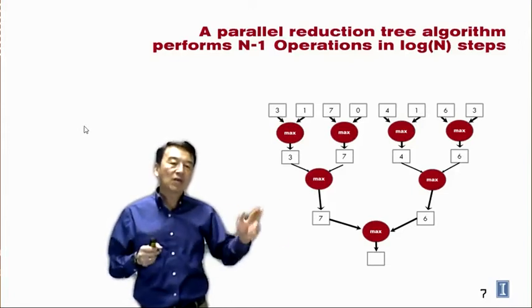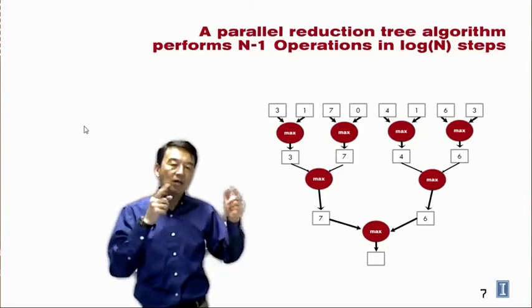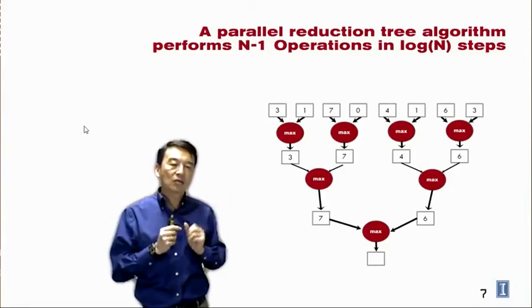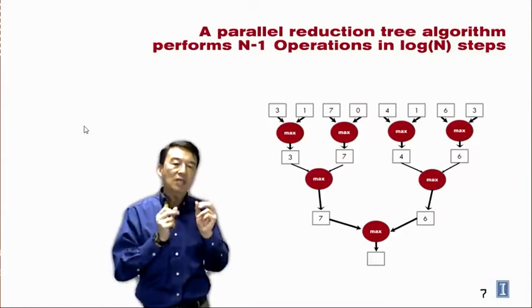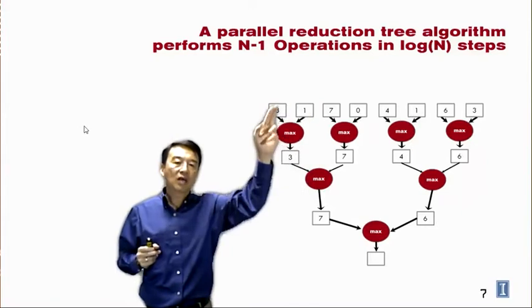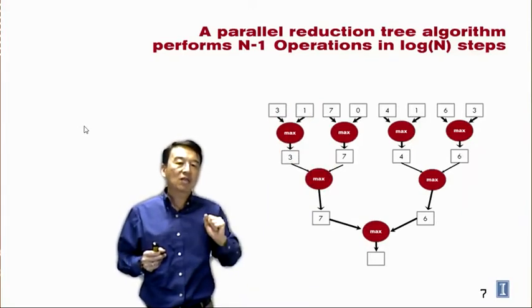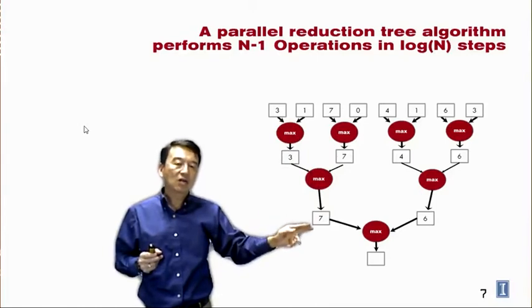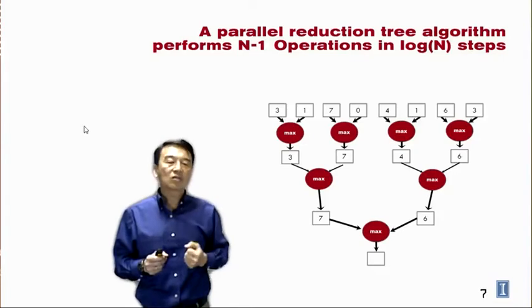And finally, we have the final step where we compare the last two intermediate results. These intermediate results represent the maximum of this half of the data set and the maximum of the second half of the data set. And here, of course, the value is going to be 7. So we have the final answer.